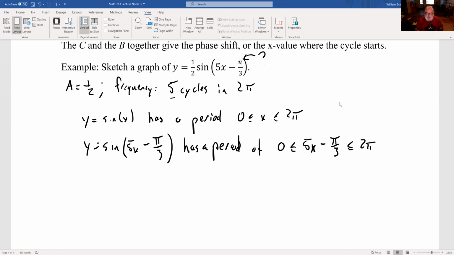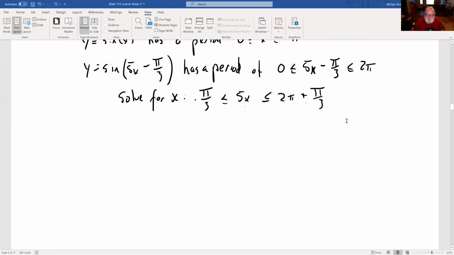Okay, so I'm going to solve for x by adding pi over 3 to the left side and the right side and the middle side, and that means that pi over 3 in the middle goes away. And then I'm going to divide all 3 sides, the left side, the middle, and the right, by 5.